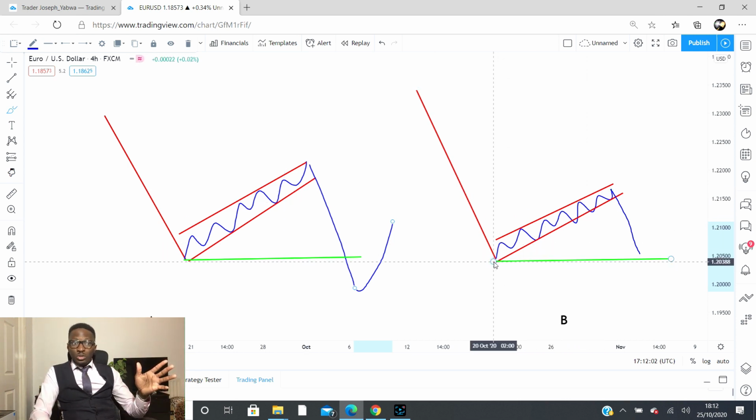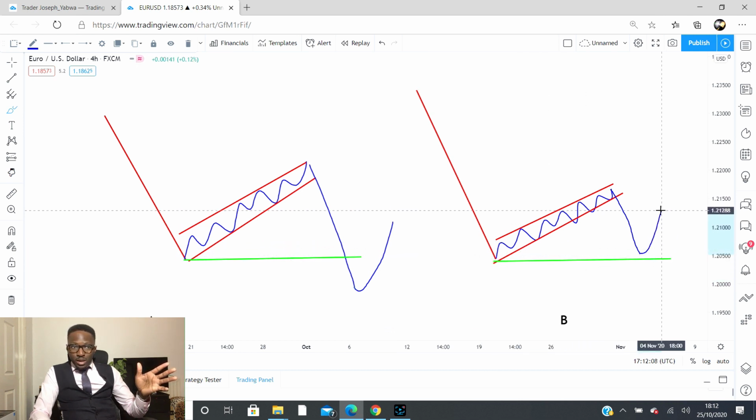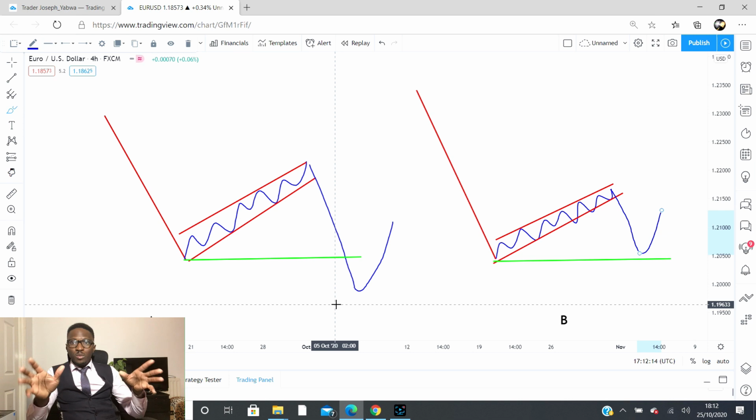Sometimes it will retrace before breaking the previous structure, as in complex contraction B, or it will retrace after breaking the previous structure, as in complex contraction A. That's why it's very, very difficult to form a strategy around just trading when the market breaks out of a wedge pattern or complex contraction or sell setup or buy setups in trading. It's very difficult to have a strategy around that, because you can never be consistent. You don't know what the market is going to do.